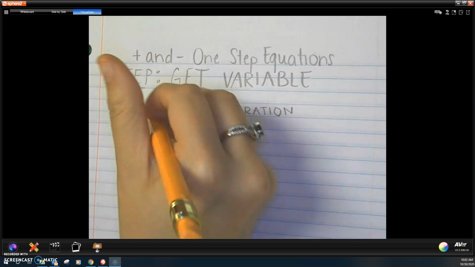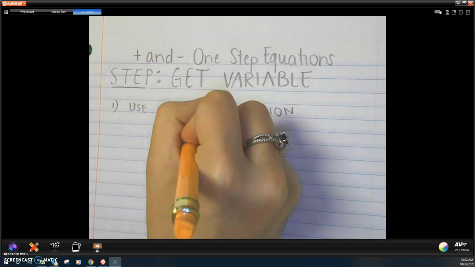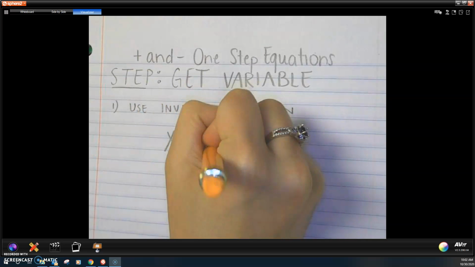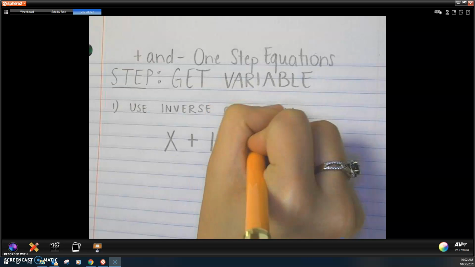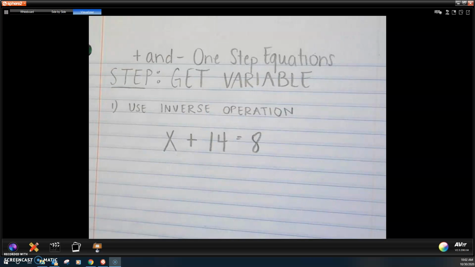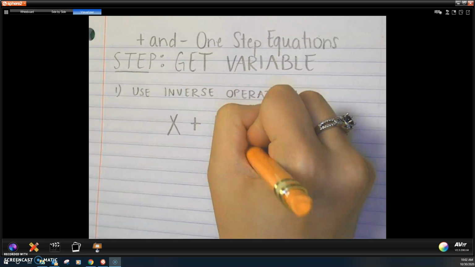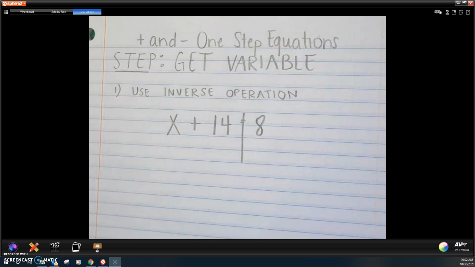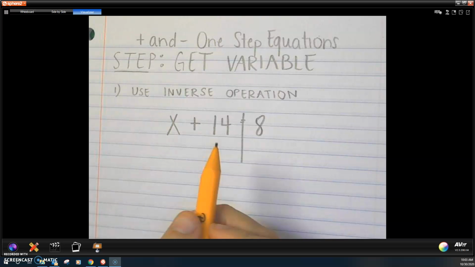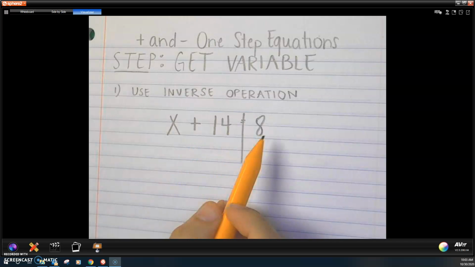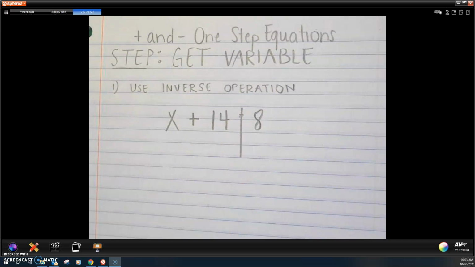So for example, let's say I have x plus 14 equals 8. So what I'm going to do is draw a line through my equal sign. That way I separate both sides of my equation. I have x plus 14 on the left, and I have 8 on the right.